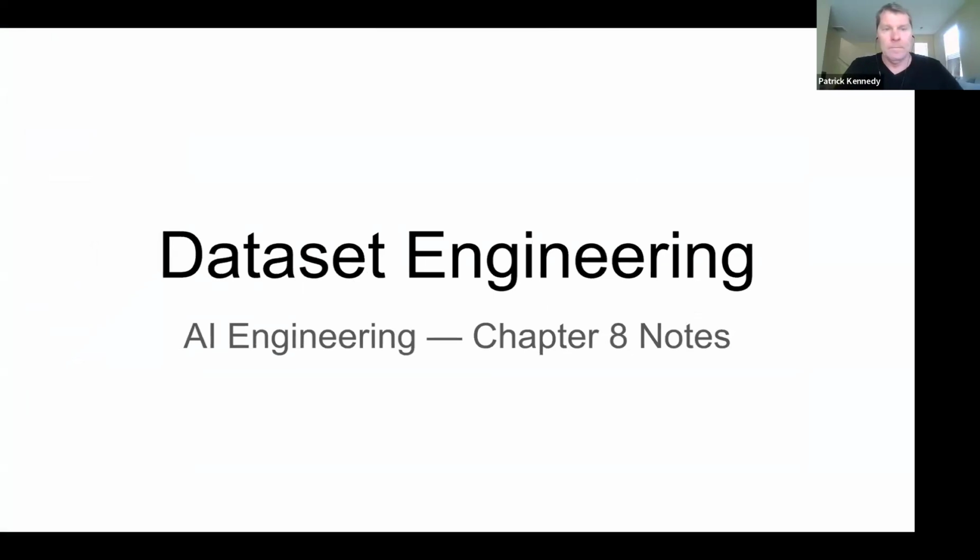Yep. So dataset engineering, as I said in the Discord message, is a very relevant chapter, and relevant not only in AI but also traditional ML benefits a lot from what is said in this chapter. Most of it applies even to data analysis and stuff.